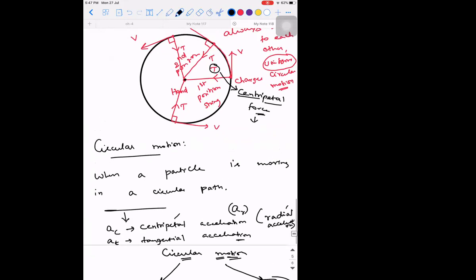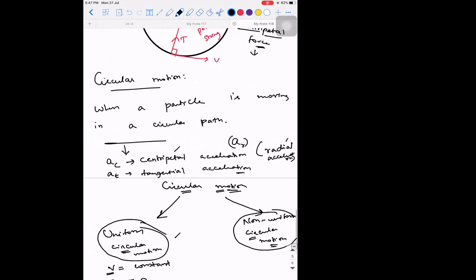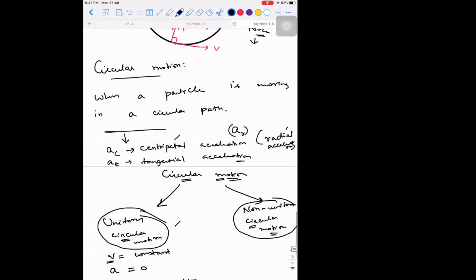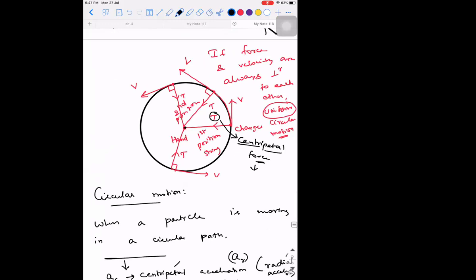Let's test on this point 2-3 times. Velocity for any curved path is always, what is it? I'm asking the direction.